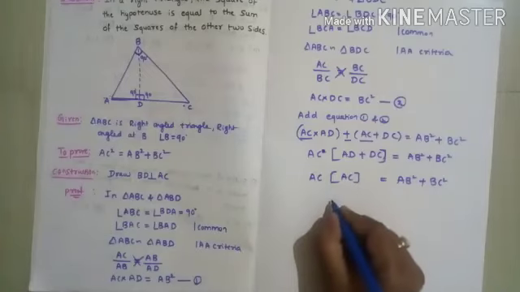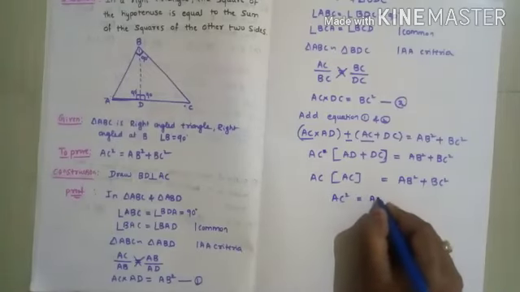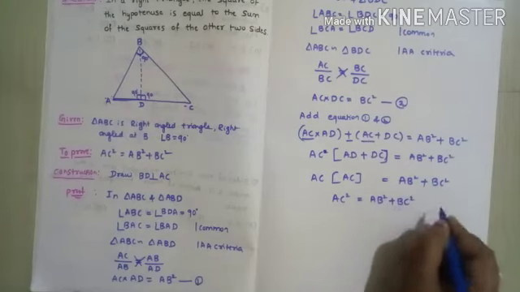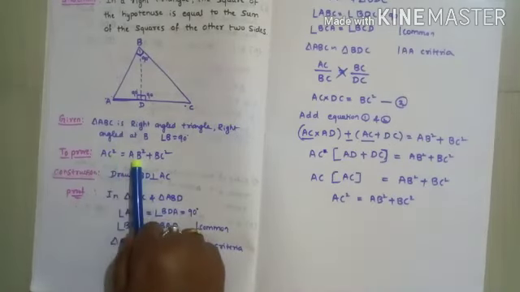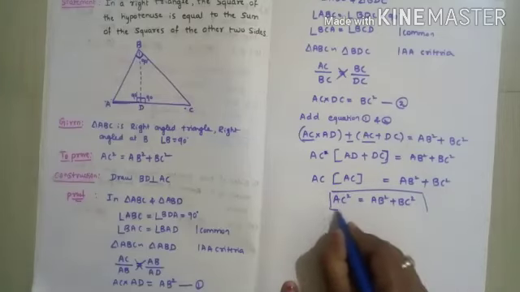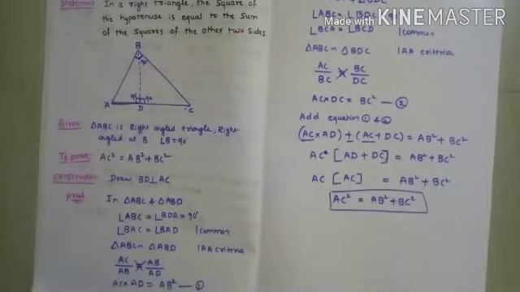Now AC into AC is AC square, is equal to AB square plus BC square. This is the result we want to prove. AC square equal to AB square plus BC square. Square of the hypotenuse is equal to the sum of the squares of the other two sides. This is the Pythagoras theorem.